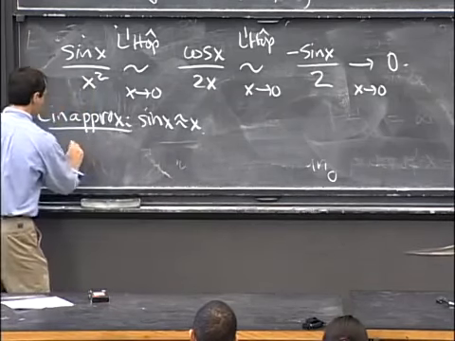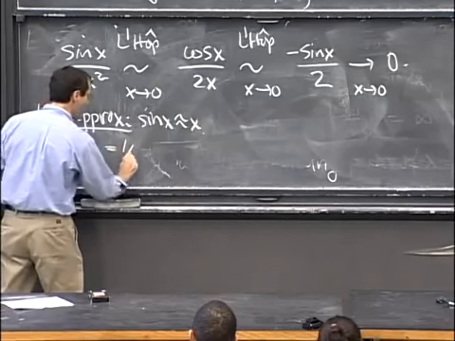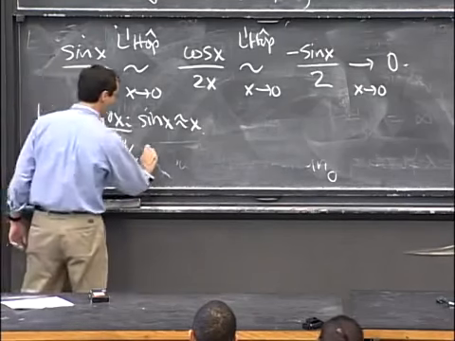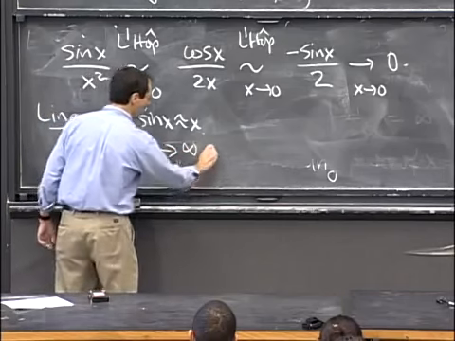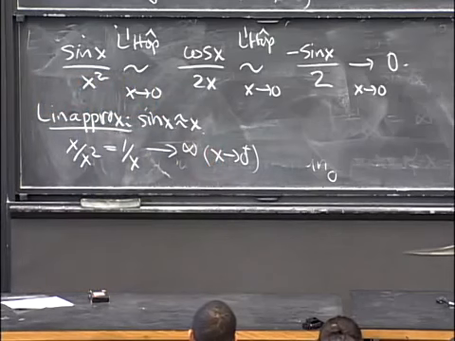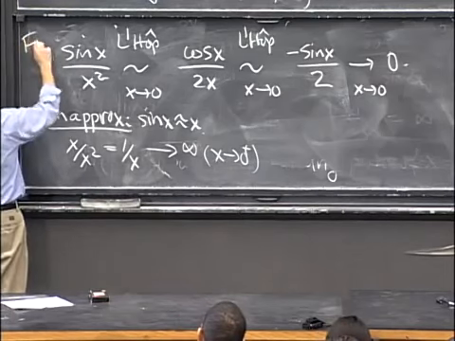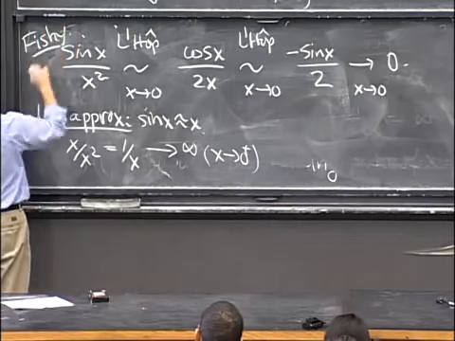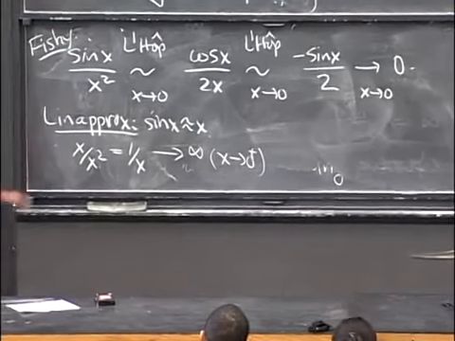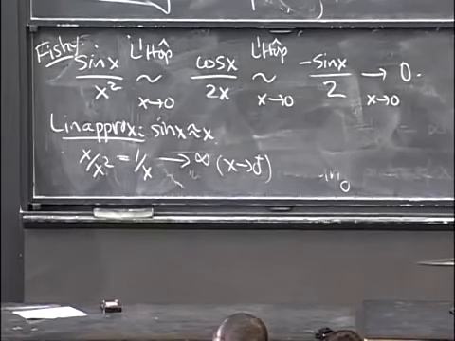So that should be x over x squared, which is 1 over x, which goes to infinity as x goes to 0, at least from one side, minus infinity the other side. So there's something fishy going on here, all right? So this is fishy. Or maybe this is fishy, I don't know. So tell me what's wrong here.